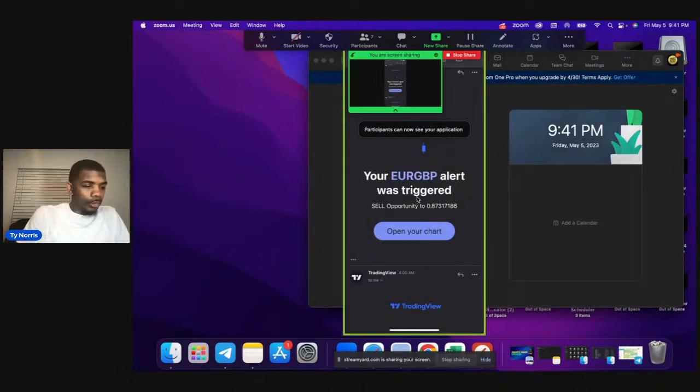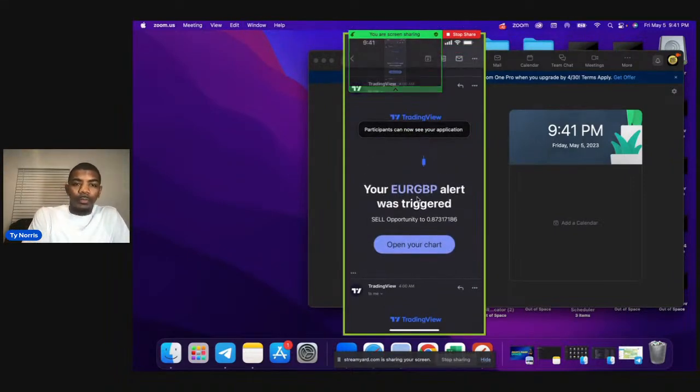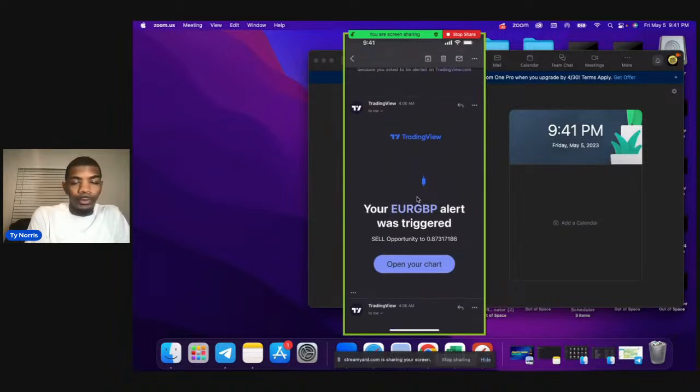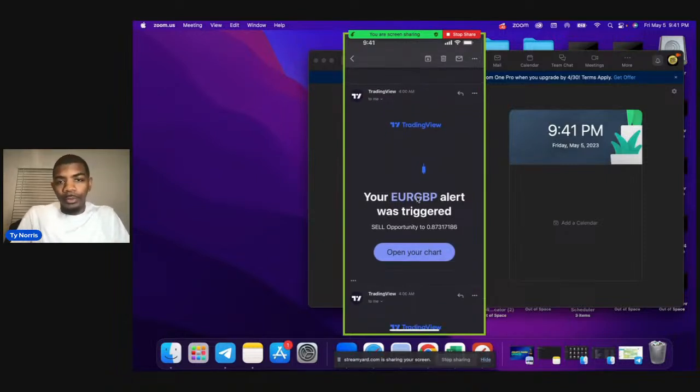All right, cool. So whenever these alerts come to your phone, it'll pop up like I said. You can see this one came in at 4 a.m. And I was woke, of course, because like I said, you can see on the PAMM, man. And then I have a whole little setup that I do so I don't miss a lot of these alerts. But the alert will come through.